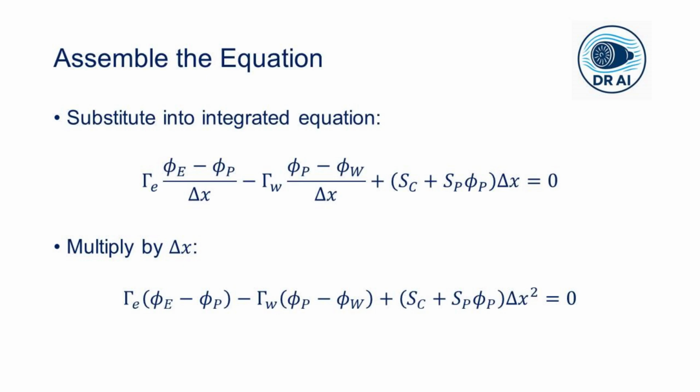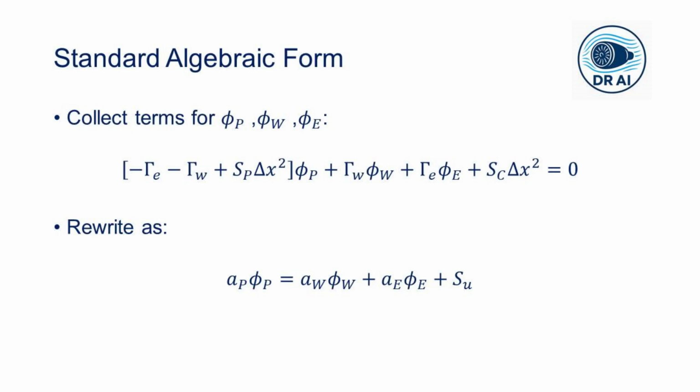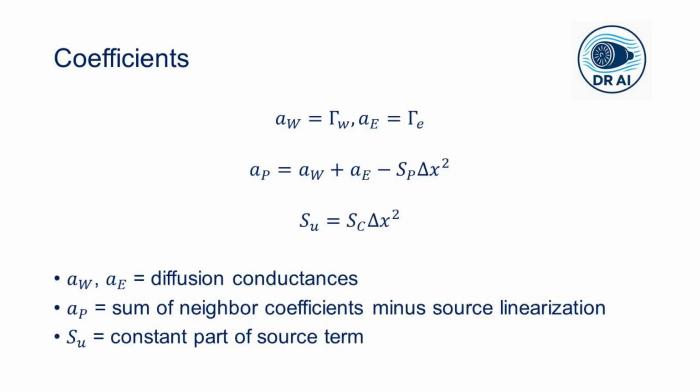Now, moving on to the algebraic equations and coefficients, we substitute these approximations into the integrated equation, which gives us this particular equation, and multiplying by delta x, collecting the terms and rearranging it to the standard finite volume form, we can get the final form as aW equals the diffusion coefficient at point W, and likewise at the different points as well. The source term would be equal to Su equals Sc times delta x.